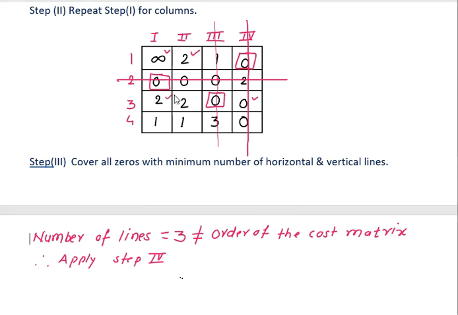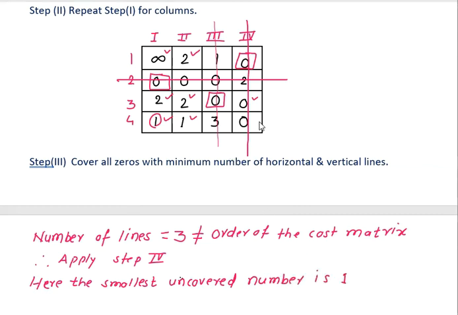Infinity, 2, 2, 2, 1, 1. So the smallest uncovered number is 1.